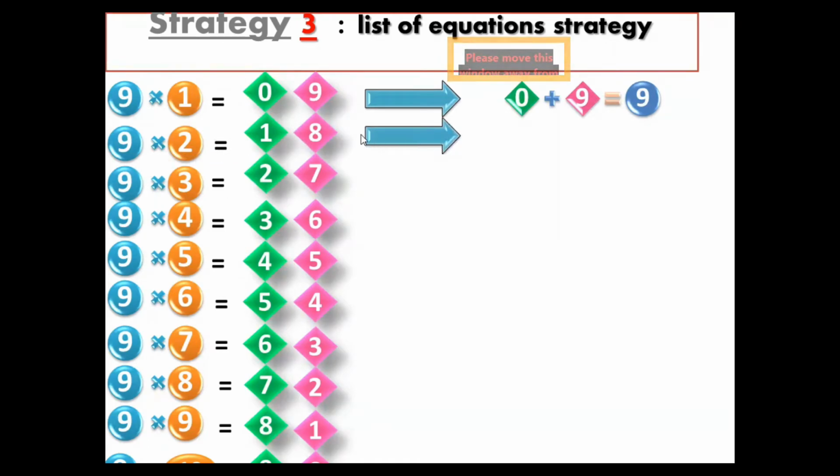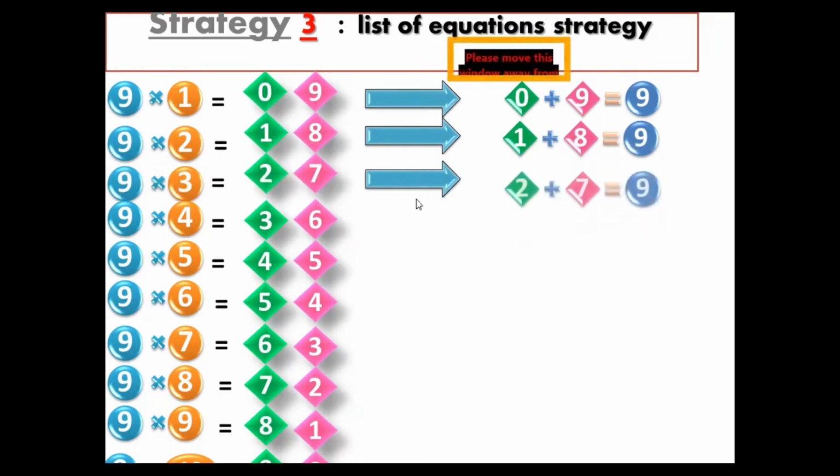So the sum of the digits 1 and 8 equals 9. And here 9 by 3 equals 27. So the sum of the digits 2 and 7 is equal to 9.